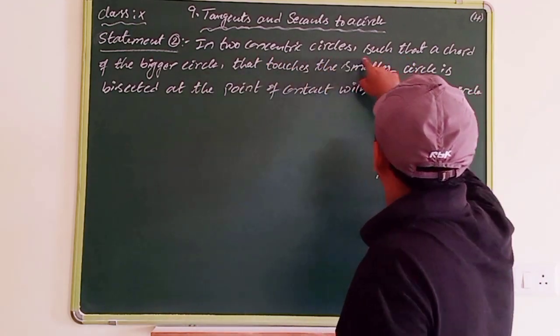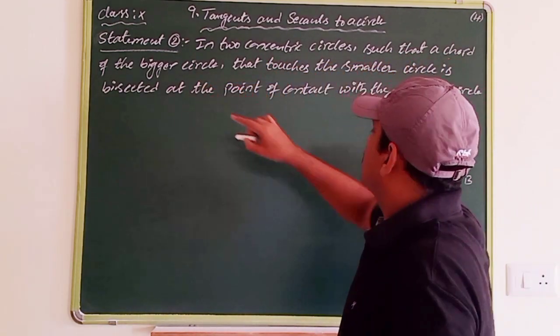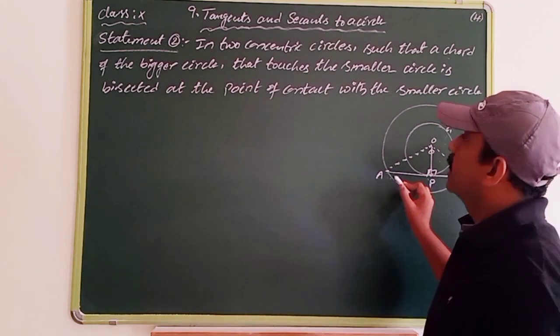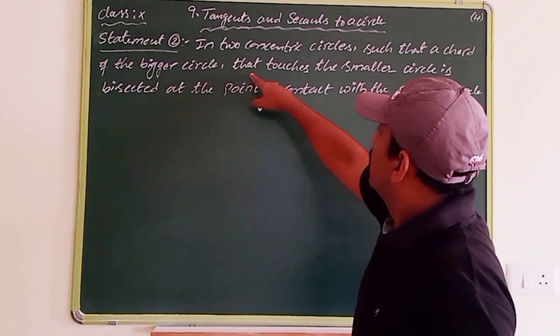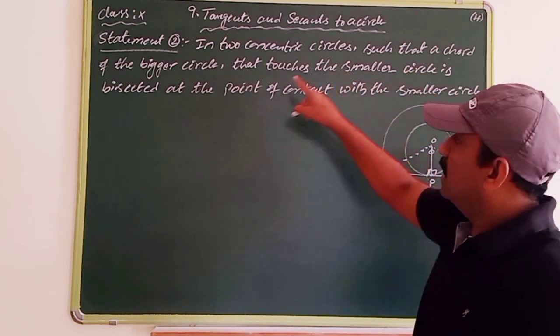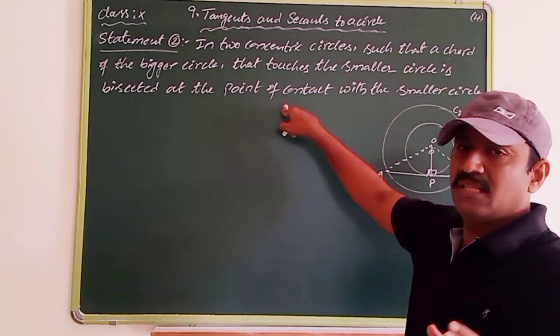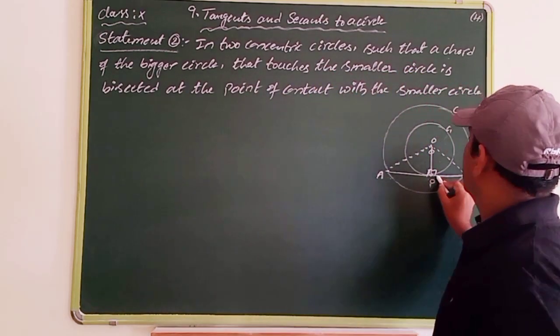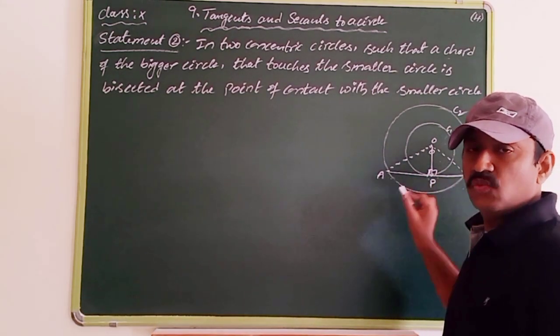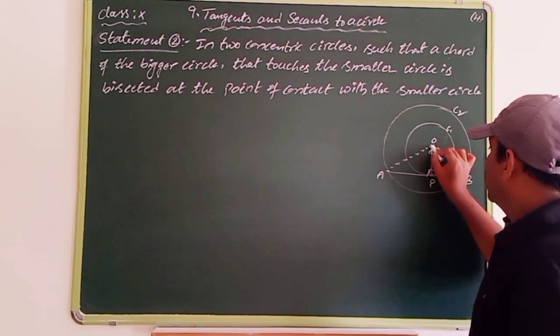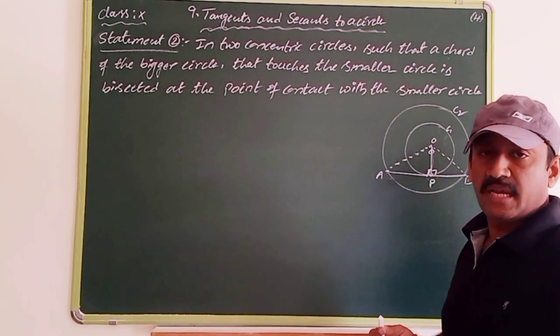In two concentric circles, AB is the chord of the bigger circle and touches the smaller circle at only one point, so we can consider this one as a tangent. Now the radius and the tangent should make 90 degrees.